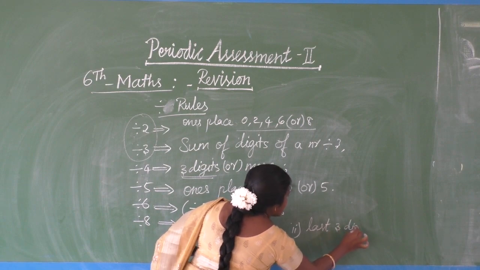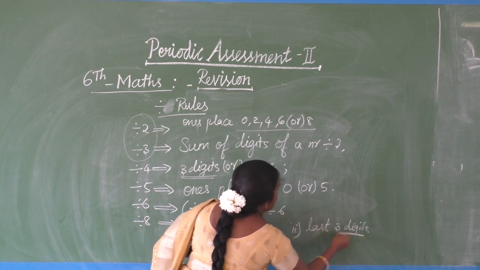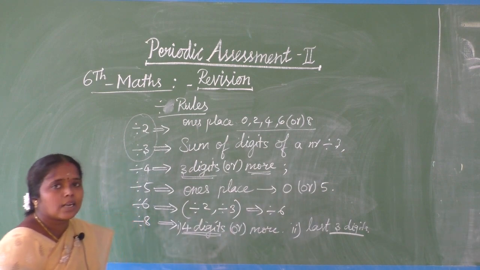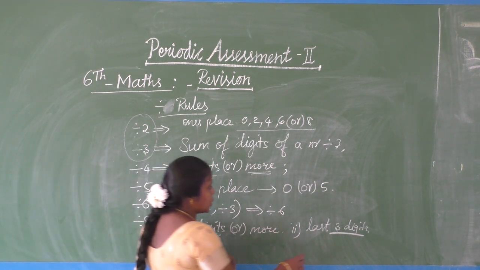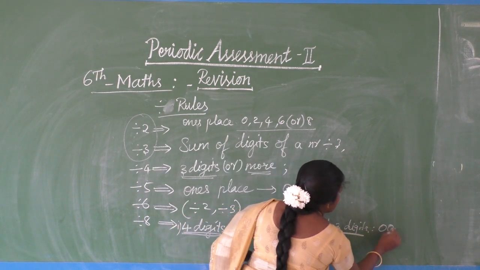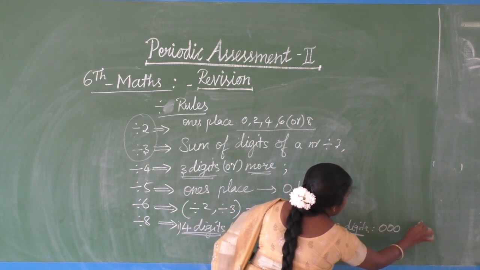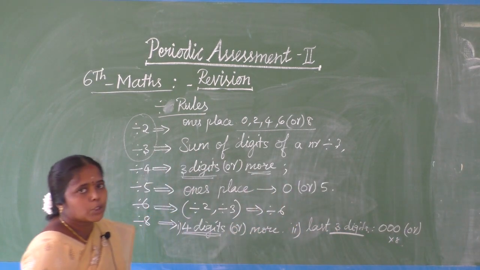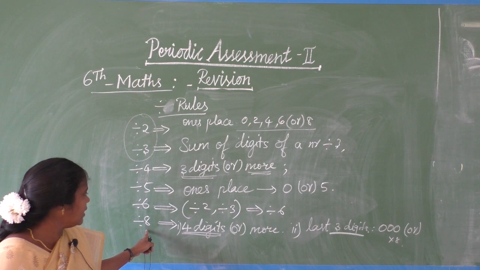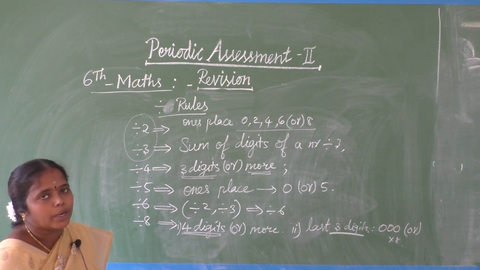That means ones, tens, hundreds. The last 3 digits of the number should contain either 0, 0, 0 or multiples of 8. That means we can say the number is divisible by 8.